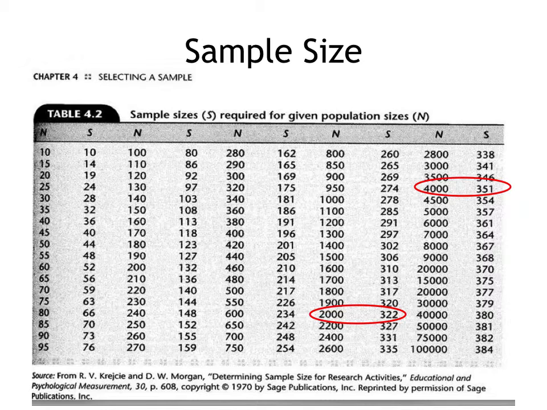You need to hit a sample size of 322. Now notice that when you go to 4,000 in your huge population, your whole group, you only need 31 more. You only need 351 subjects to really represent your population really well.